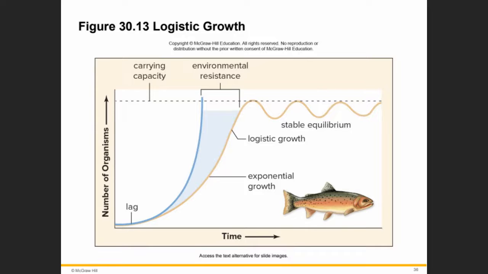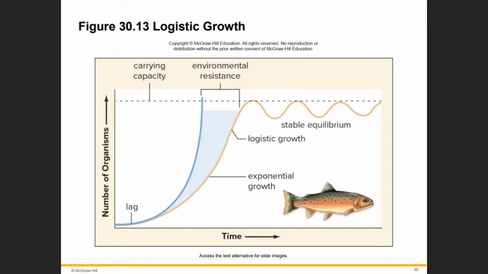There is another curve that also starts at the origin and increases with time, experiencing exponential growth in the beginning and then logistic growth, with which the curve reaches a wave pattern.